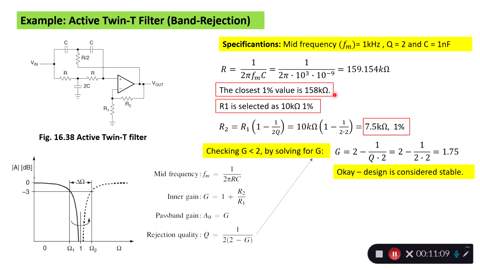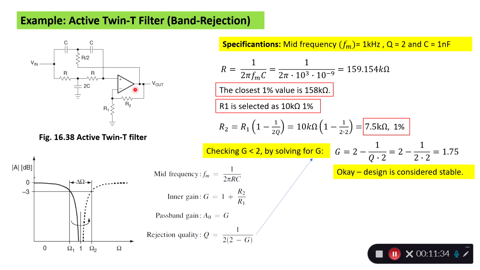That's okay. Then we select R1, and it's sitting here, so this resistor should be in the kilo ohm range, between 1 kilo and 1 mega ohm, in order not to have too big a current flowing down here and loading our op amp.